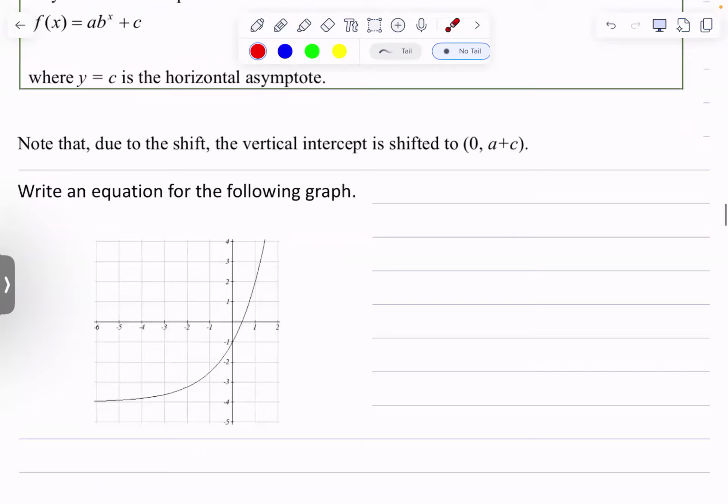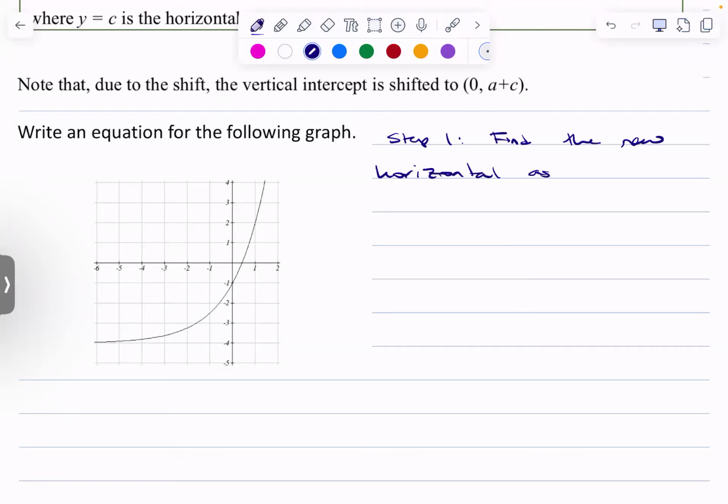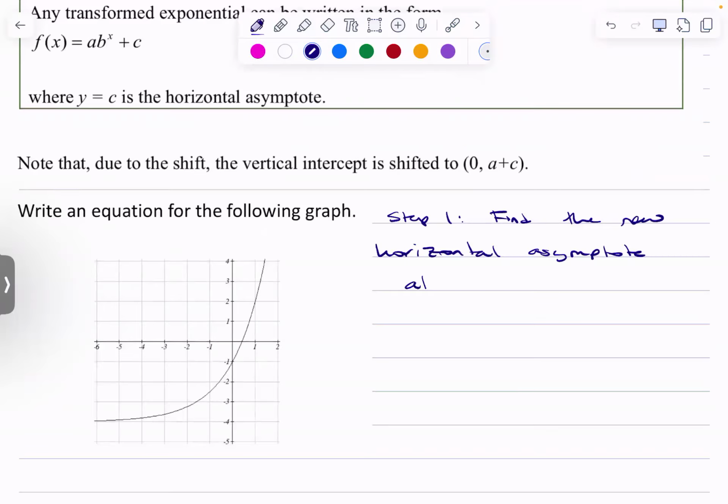So what we want to do is write an equation for the following graph. What I would recommend doing first is figuring out where your horizontal asymptote is. Step 1, find the new horizontal asymptote at y equals c.